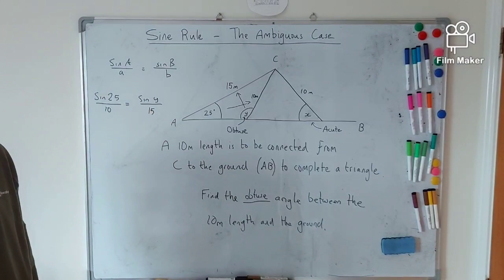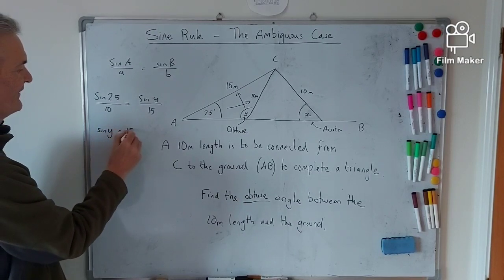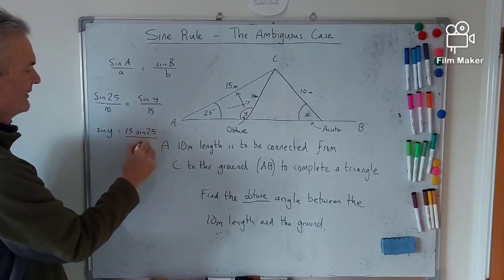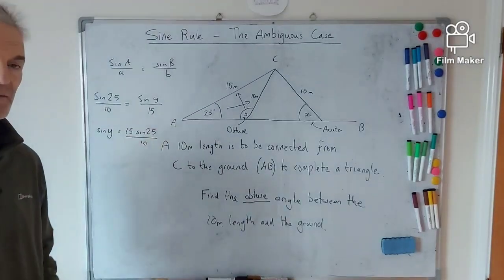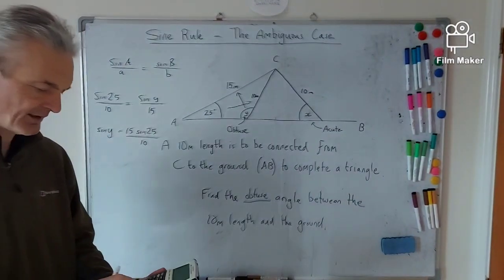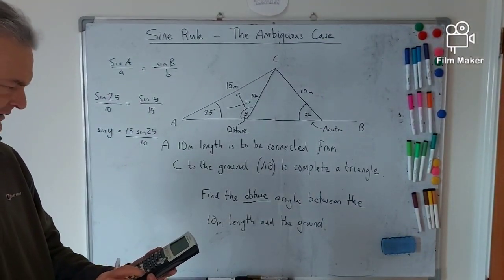If we multiply through by 15, we get sine Y equals 15 sine 25 over 10, and then we can work this out on a calculator.